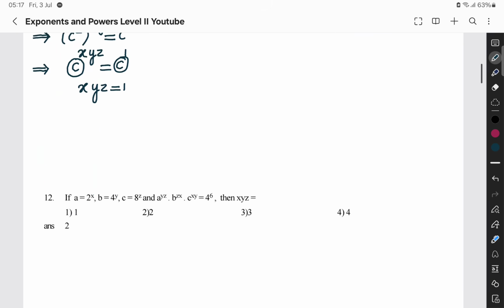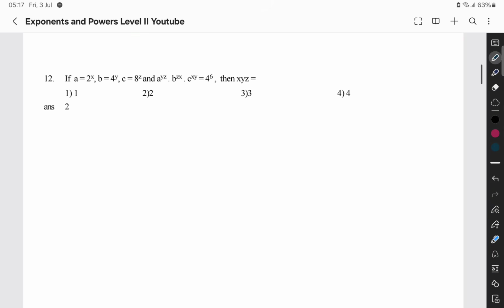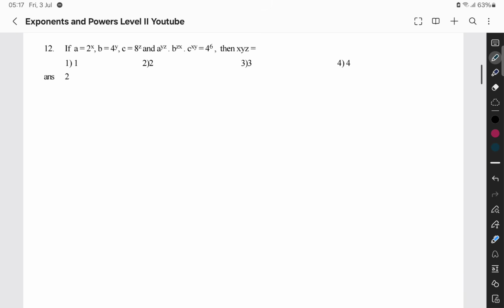Now, let's go to the next question. Here, a is given as 2 power x and b is given as 4 to the power of y and c is given as 8 to the power of z.